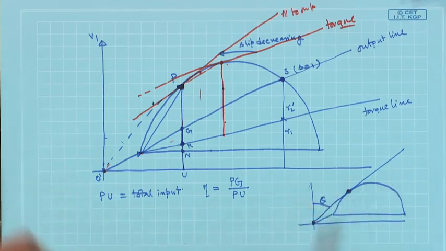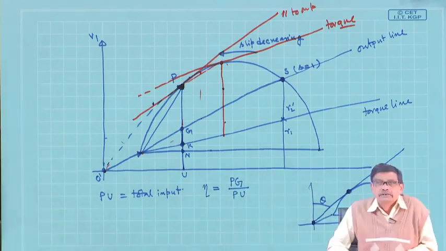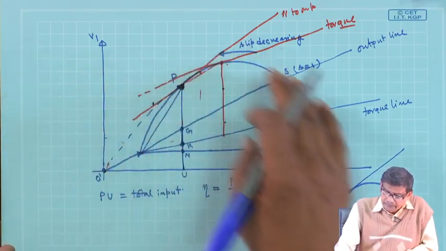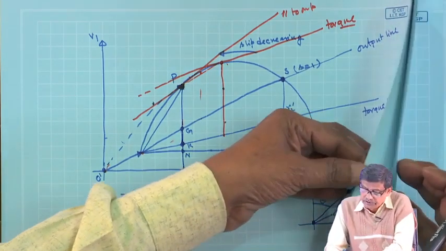So, several things can be done if you have the circle diagram drawn for a given machine. Now, the question is how to get this circle diagram drawn rather easily. The circle diagram can be drawn by doing two simple tests.